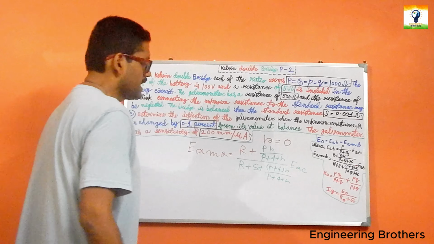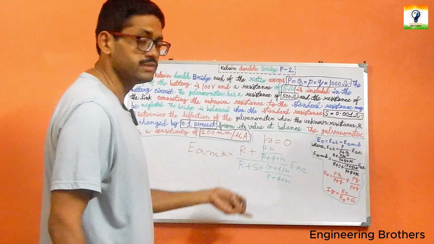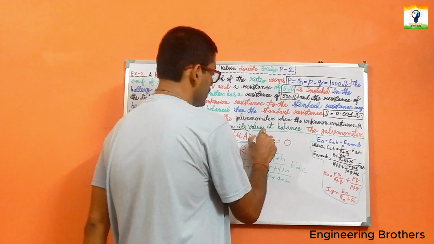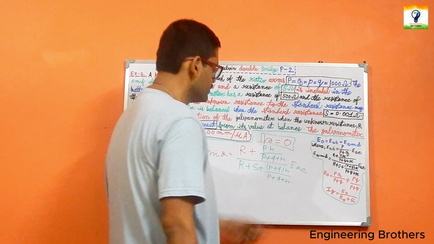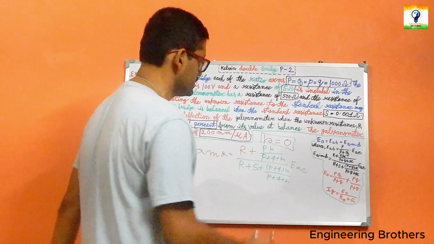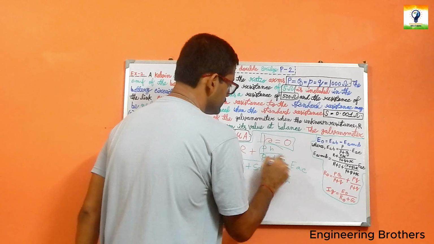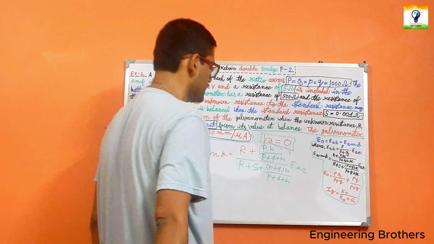As I have taken that small r value is negligible, if you multiply this factor by 0, it will automatically become 0.